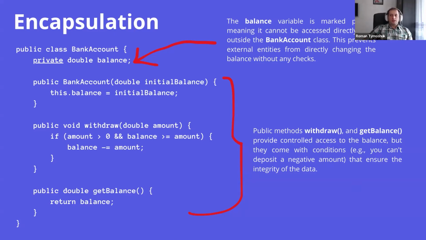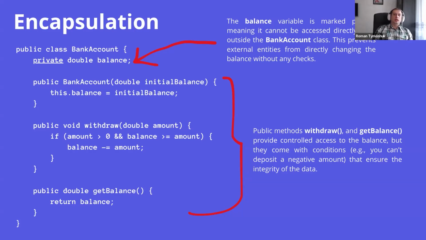It means it cannot be accessed directly from outside the bank account class. So we cannot change it externally. It's not visible even if you create an object of the bank account class and try to write dot balance and set some kind of values. It's prohibited because otherwise you can easily change the balance from other parts of your app.